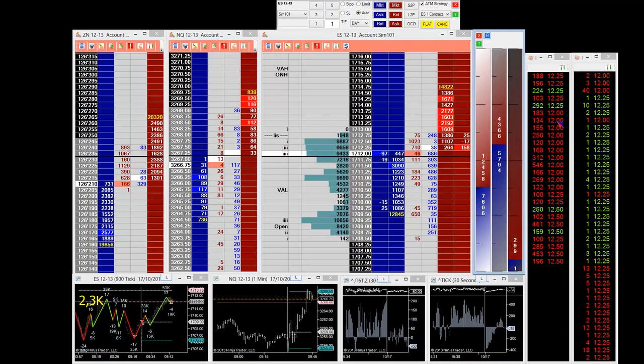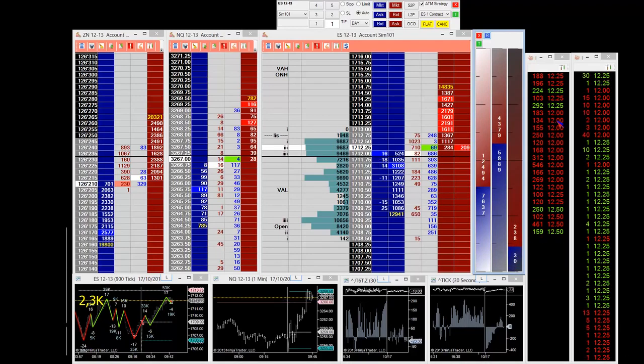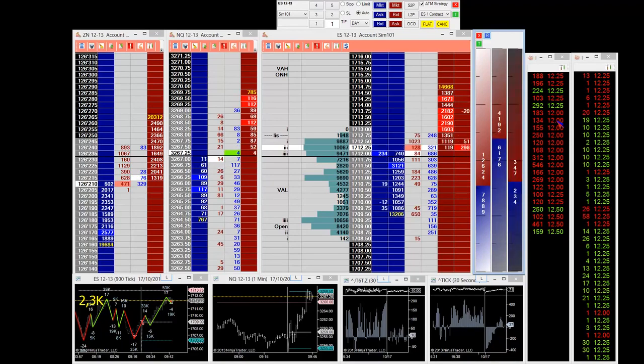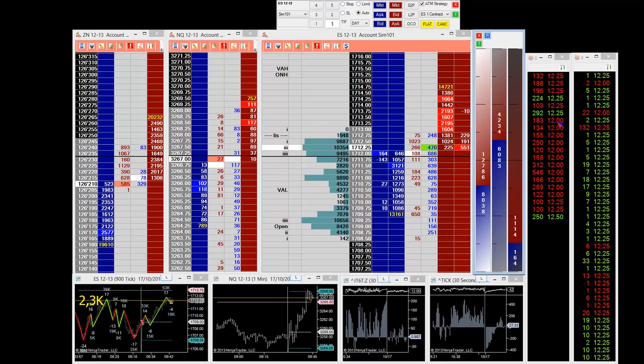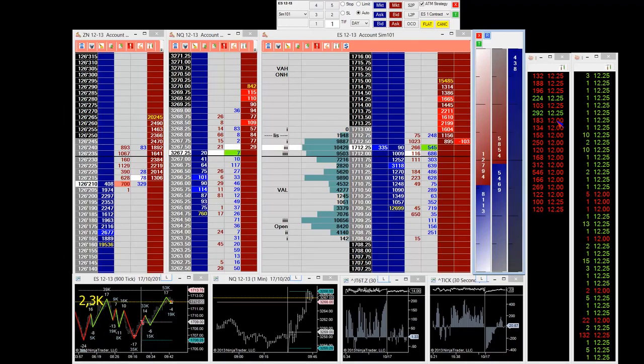So right now, the people that sold at that level are going to be sweating a little bit and are going to want to see the market go down. So as we come down to 12, they're going to want to see that market go down. If it doesn't, they're going to end up bailing out at some point. Okay, and we have to understand the dynamics of that, because we need to understand not just are sellers selling, but are they actually getting anywhere with their selling, or are they getting trapped?